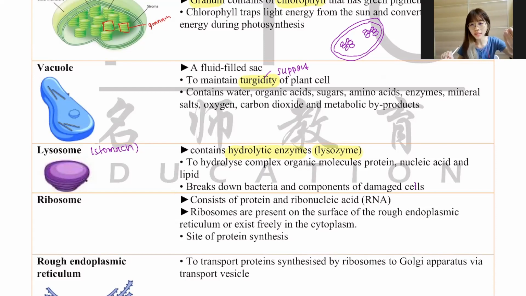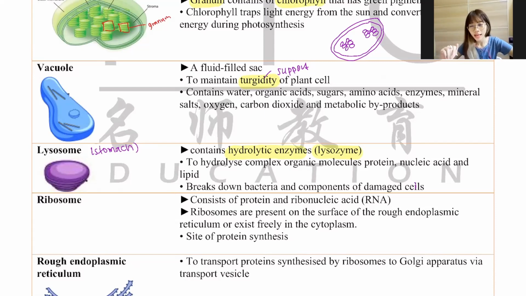You cannot store something that is malfunctioning in a cell, right? So the lysosome will use the enzyme, lysozyme, to digest the chloroplast, or the vacuole, or whatever thing. So it's like a stomach. It's quite important for a cell to have a lysosome. Without this, you cannot digest the food or whatever is going inside the cell.